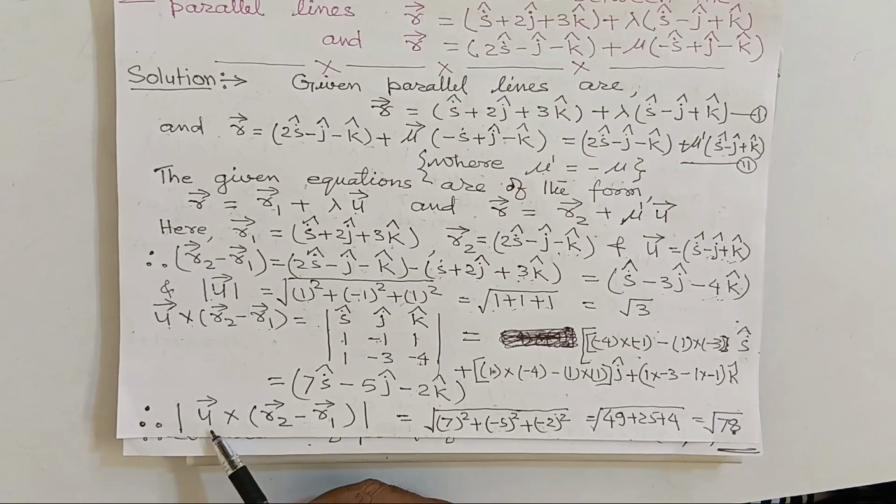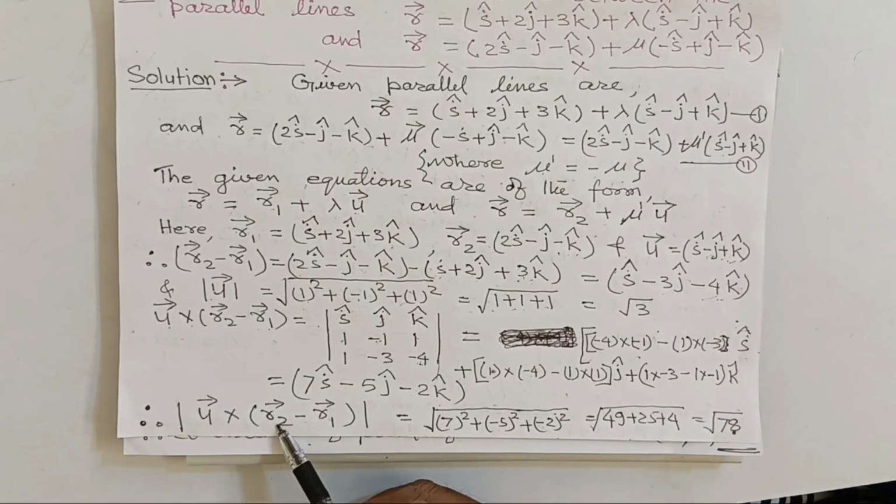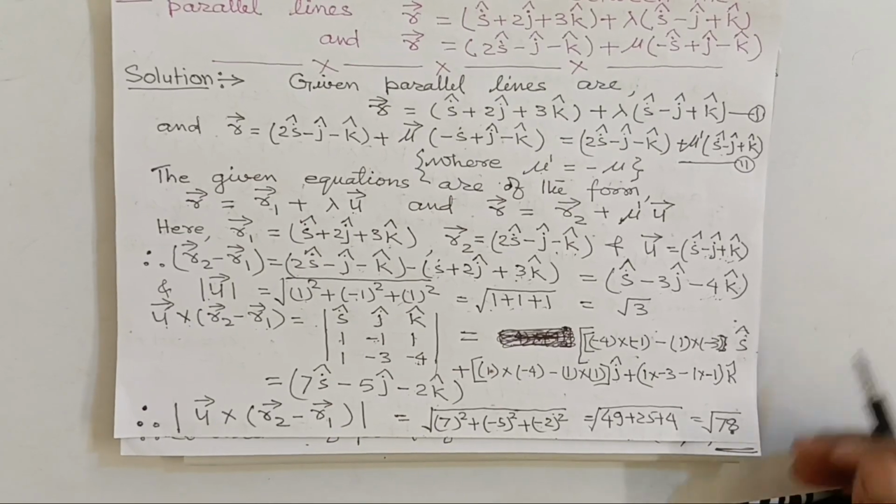And the mod of vector u cross vector r2 minus vector r1 is equal to square root 78.